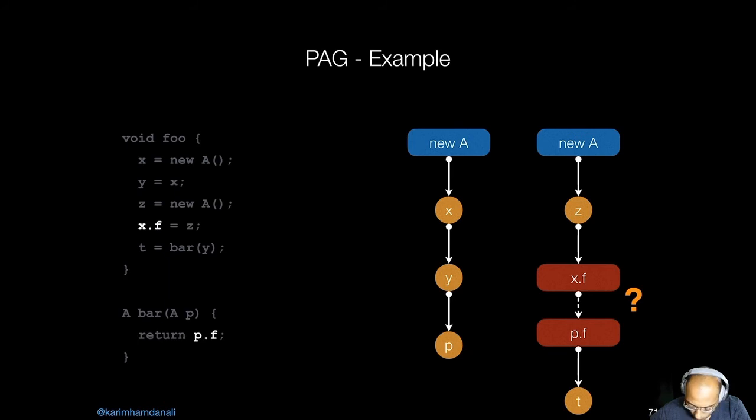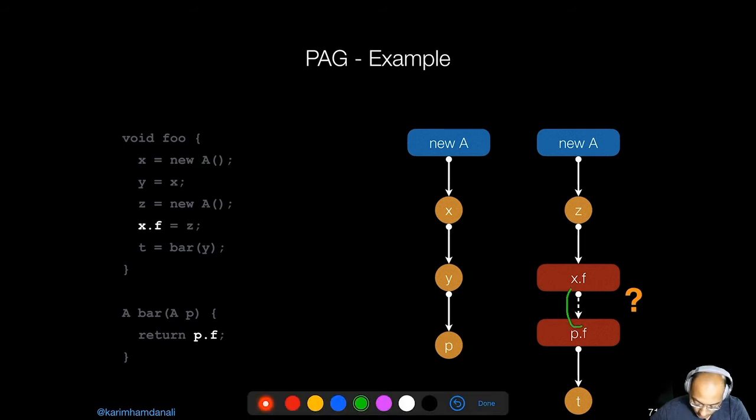So a question for you. Can you tell, just looking at this graph here, whether I could connect x.f to p.f? So if I advance forward with my pointer assignment graph, do you think that x.f would point to p.f? Why or why not?